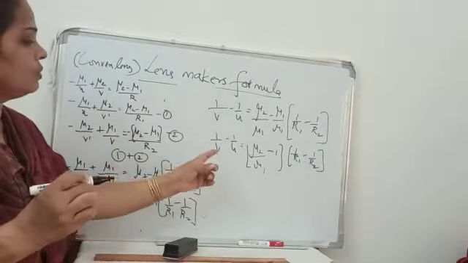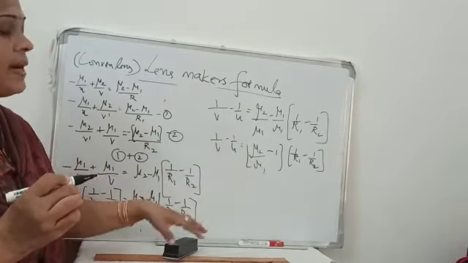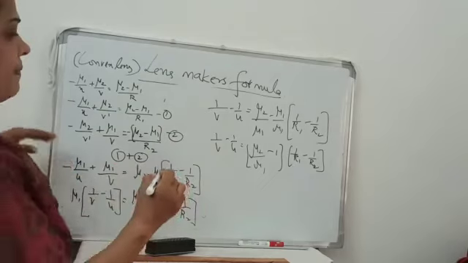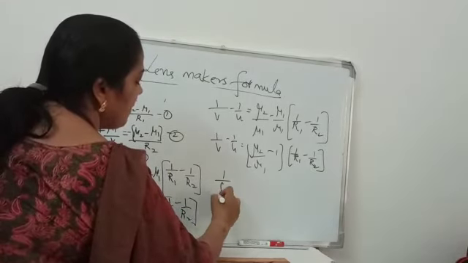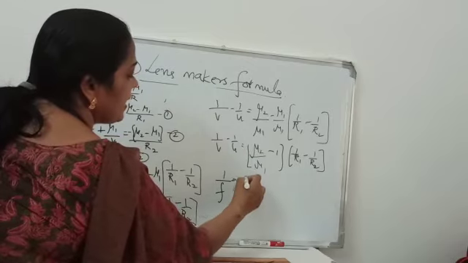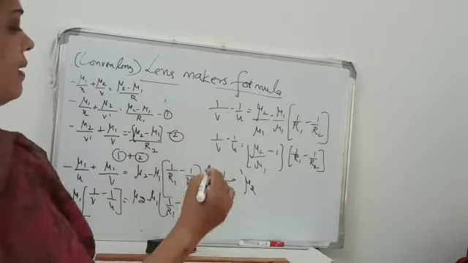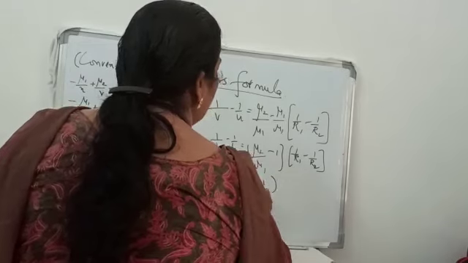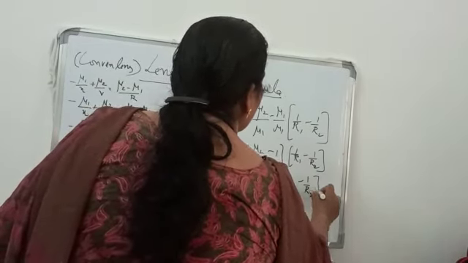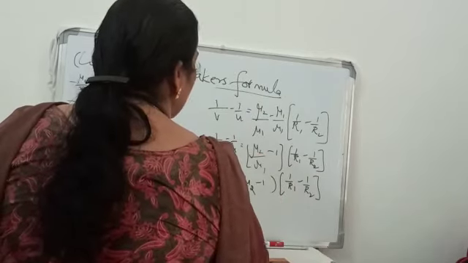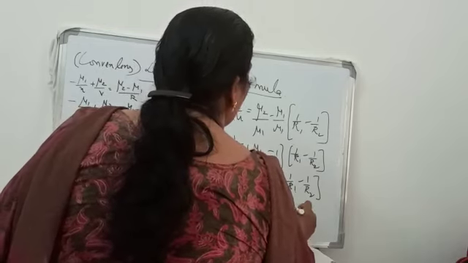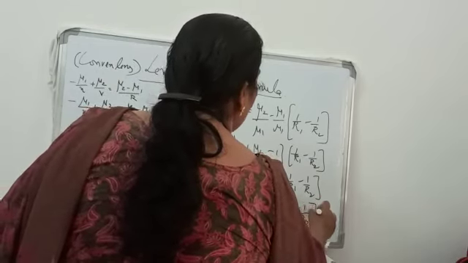As we all know, 1 by v minus 1 by u is called the lens formula and it is equal to 1 by f. So, 1 by f equals mu2 by mu1, which can also be written as mu21, minus 1 into 1 by r1 minus 1 by r2, or in general I write 1 by f is mu minus 1 into 1 by r1 minus 1 by r2.